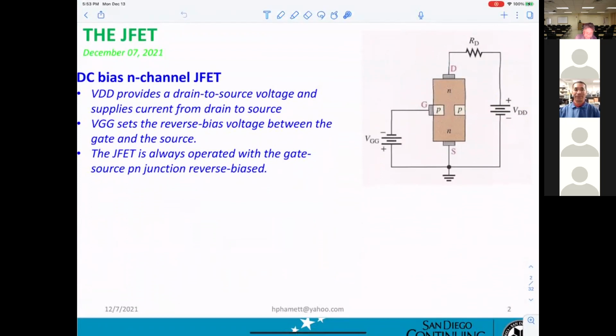VGG, right here, sets the reverse bias voltage between the gate and the source. A JFET always operates with the gate source PN junction reverse biased, not forward biased.